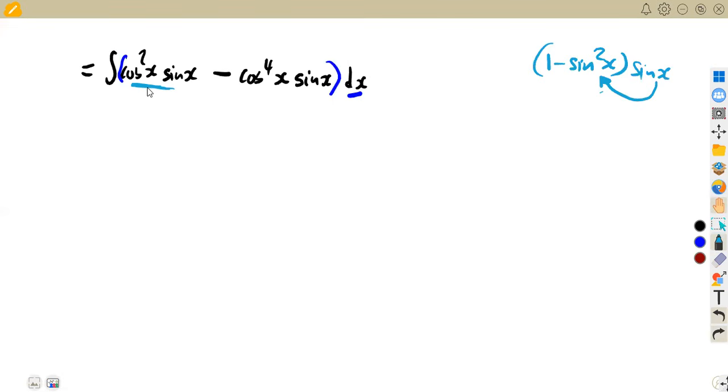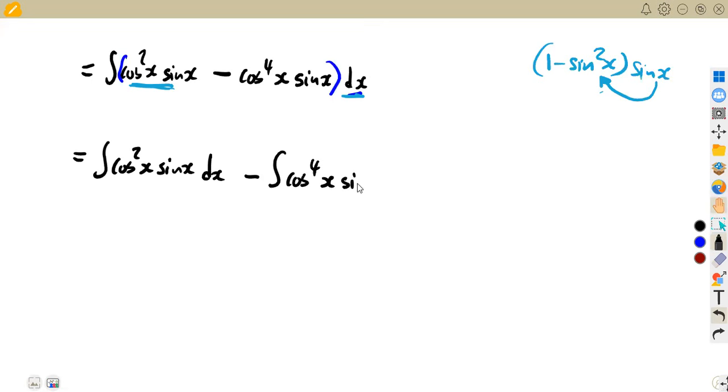So let us now separate our integrals. This part, we can integrate the whole bracket as it is, or we can separate. Let me do this. So we're going to separate here, dx, minus we integrate also this part, the integral of cos to the exponent of x, the sine of x with respect to x.